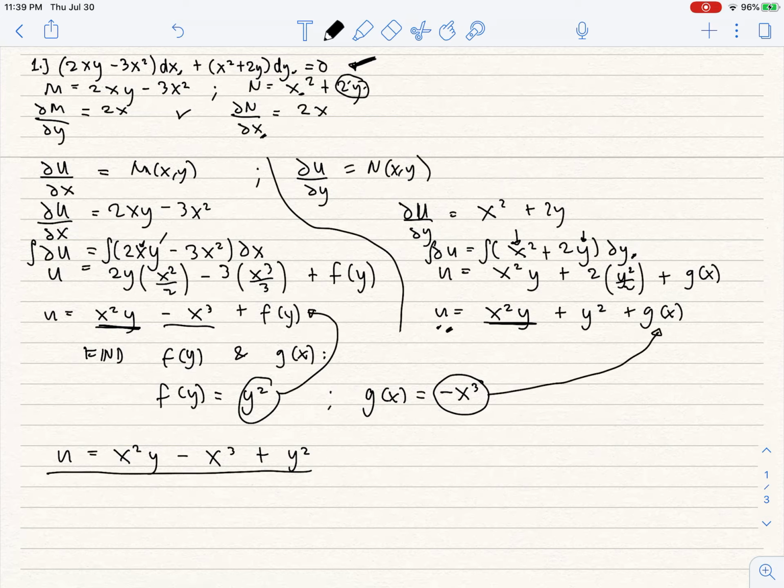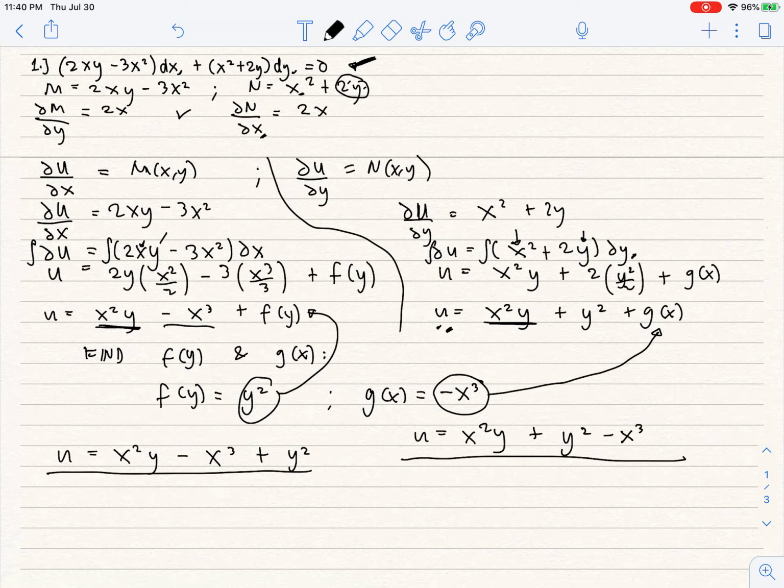So therefore kaning u diri is just x squared y plus y squared plus g of x, which is negative x squared. So therefore minus x cubed. So minus x cubed na diya.